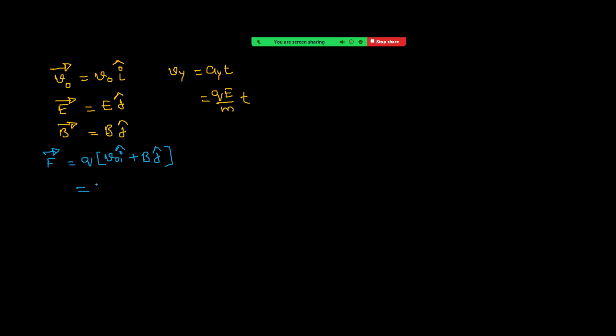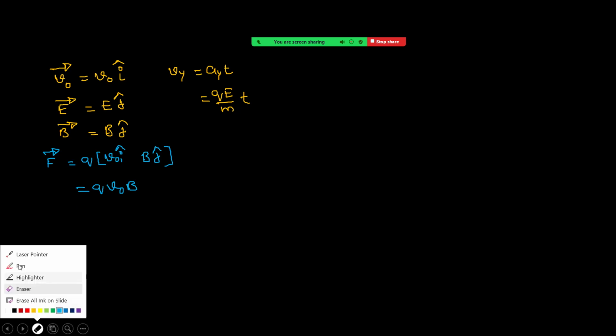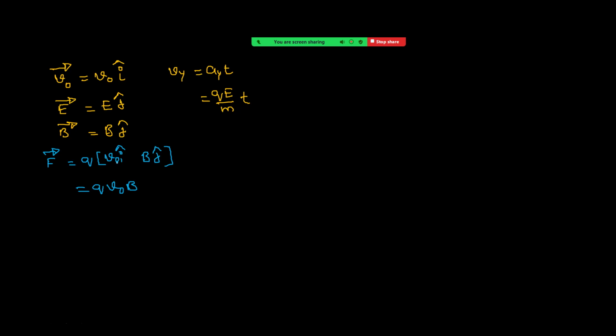See what we get: Q V not B, I cap cross J cap, which is K cap. That is now the magnetic force.